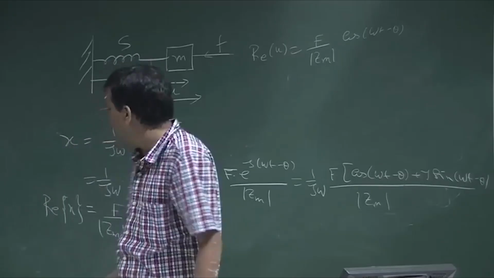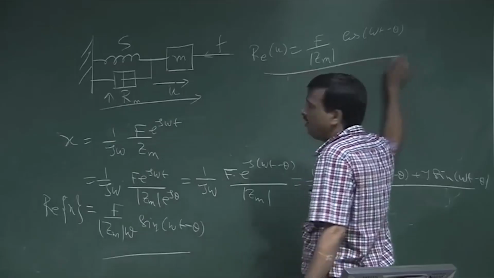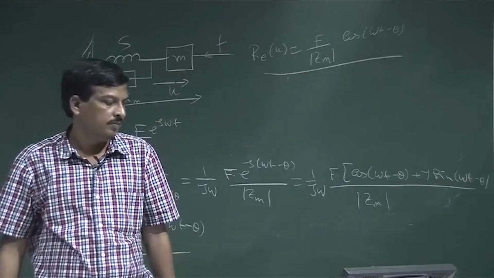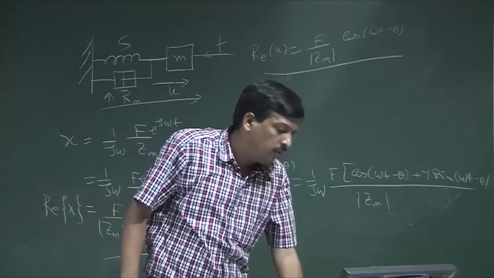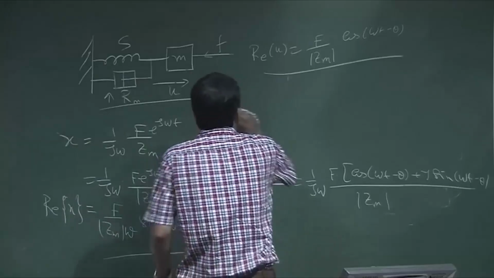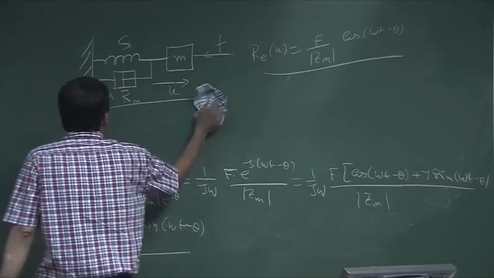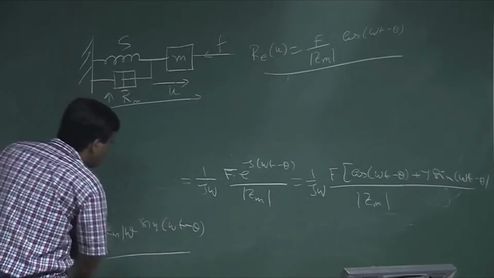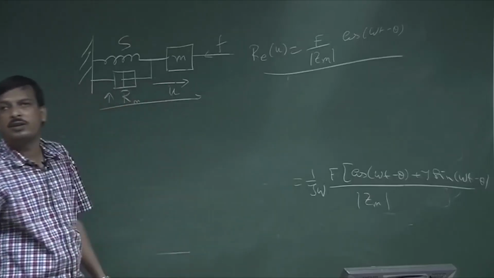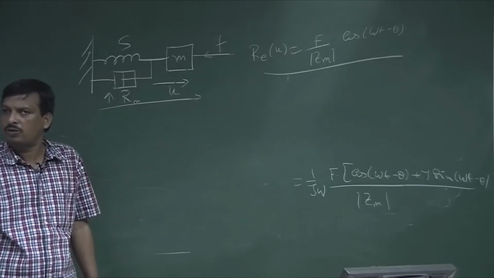So displacement is in a sine function, velocity is in a cos function. Now, my intention is to find out the power. If it is forced oscillation, what power is delivered? If I apply a force F, how much power is delivered by the oscillator? That is why it is forced oscillation.